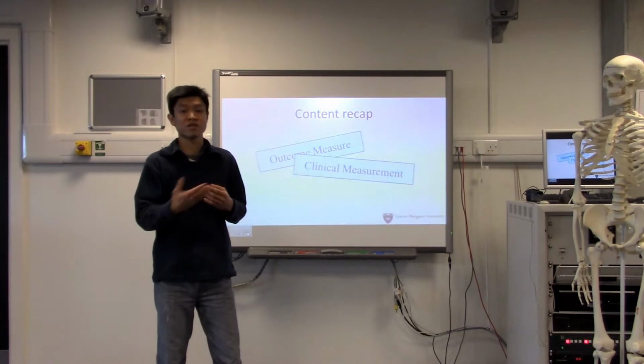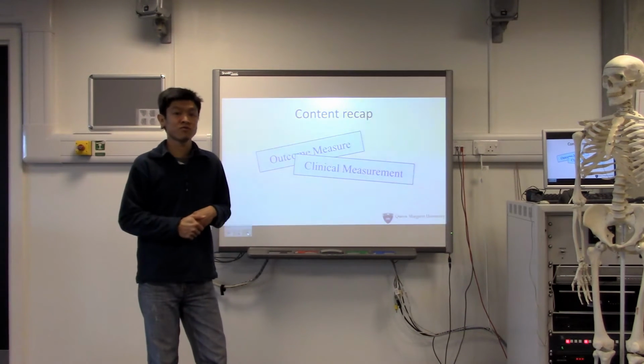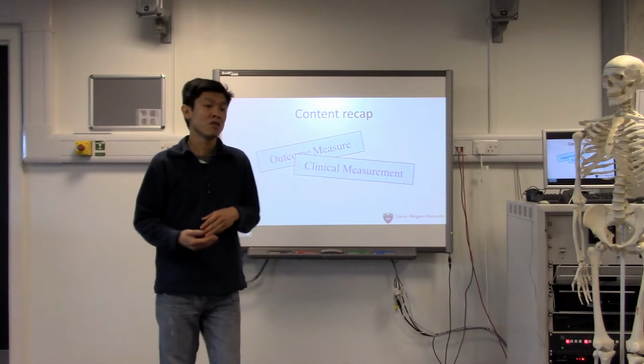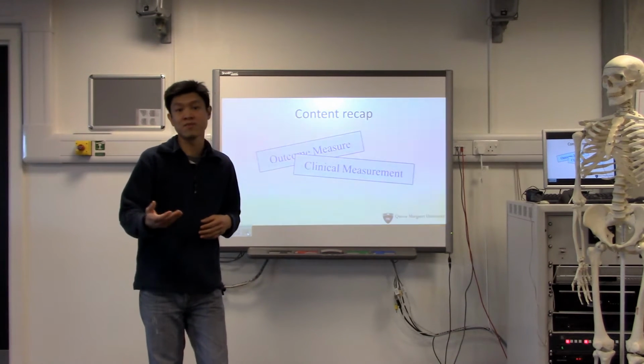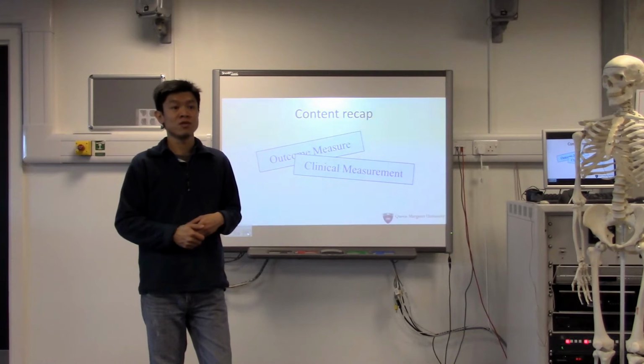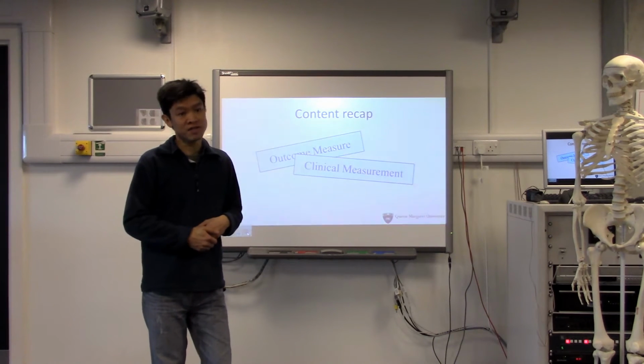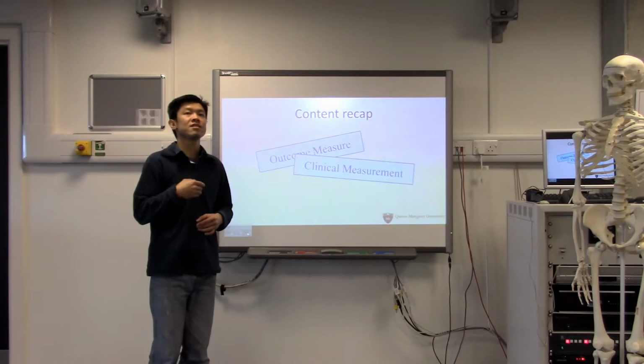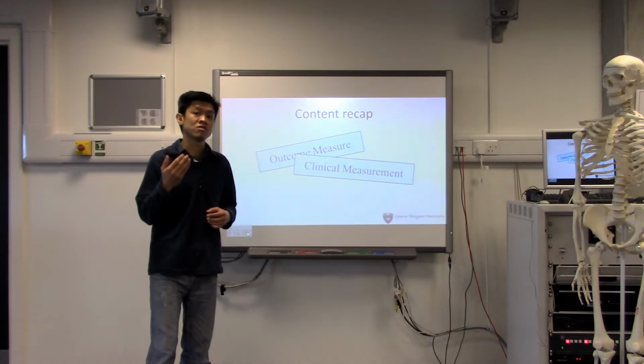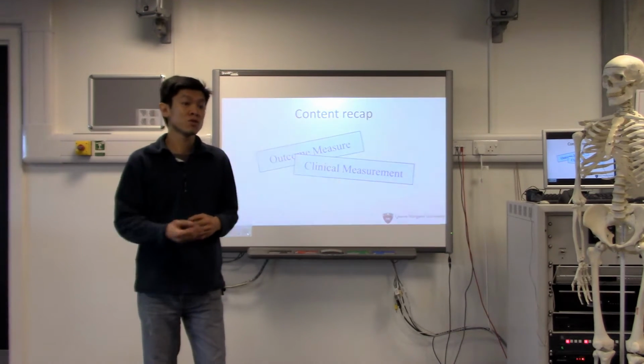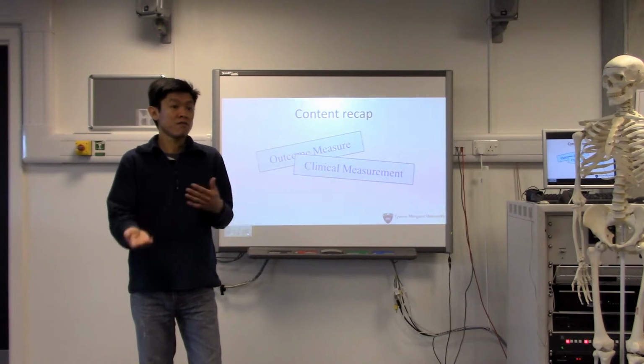You may be from neuromusculoskeletal, cardiorespiratory, or neurology, or from some specialist discipline like, for example, cancer care or lymphedema management. That essentially means that the type of outcome measures that you use will differ across different areas.